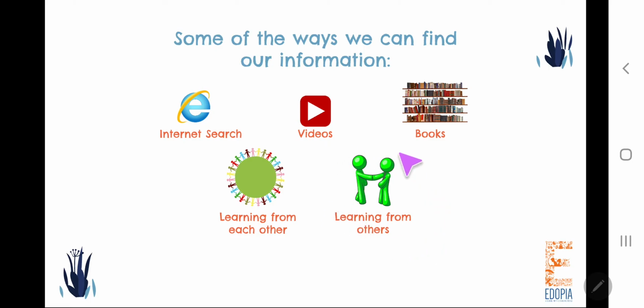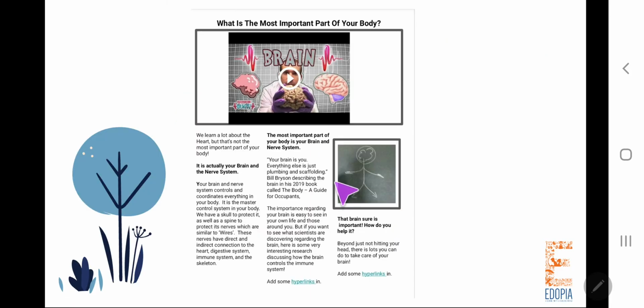Like I suggested, there may be someone you know, a doctor for example, or somebody who knows a lot about a particular part of the body, especially the one that you've picked to be the most important. You can get information from them for your poster and add some quotes. Do watch the last tutorial video again.